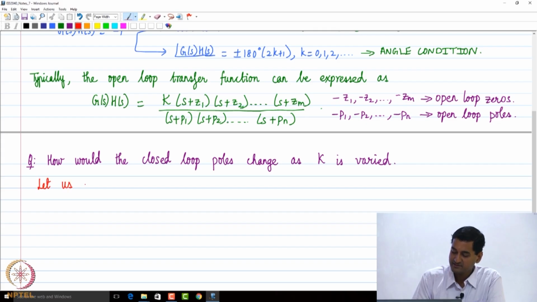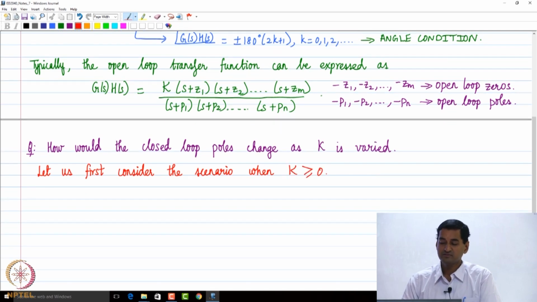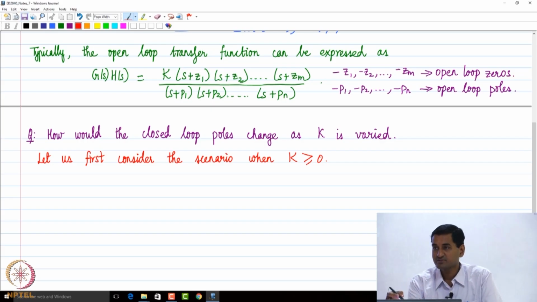So let us first consider the scenario when K is greater than or equal to 0. Okay. So of course, K equal to 0 doesn't make sense, right? So of course, in practice it is going to be greater than 0. But we are going to look at the limiting values of K tending to 0 and K tending to infinity. Okay, so that is what this means, right?